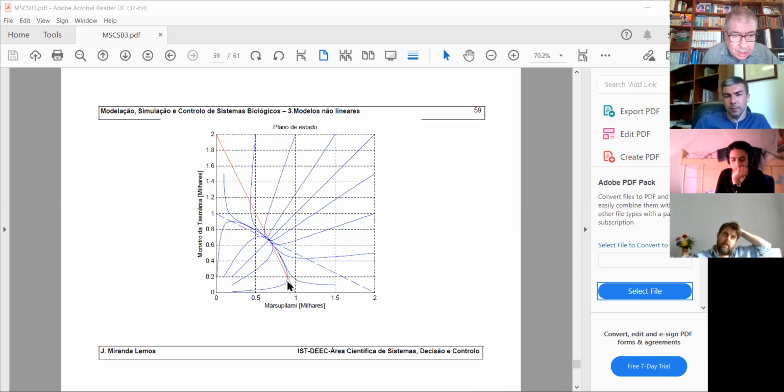So you know that all the trajectories, when they cross the red line, will do it in the vertical direction. And for the other one, all the trajectories will cross it in the horizontal direction, because the derivative of x2 is zero.